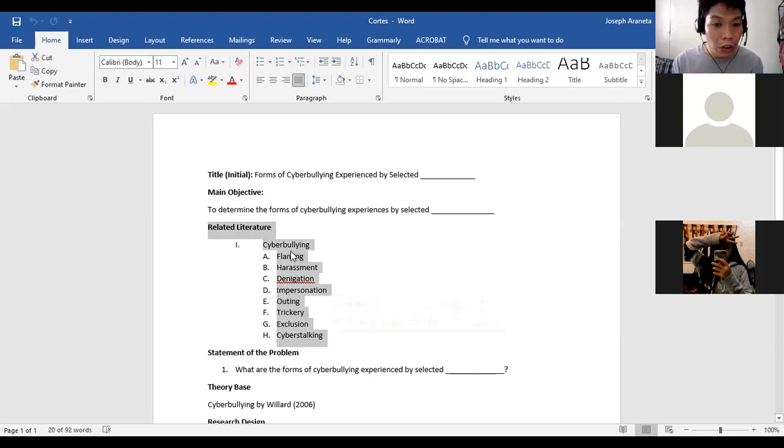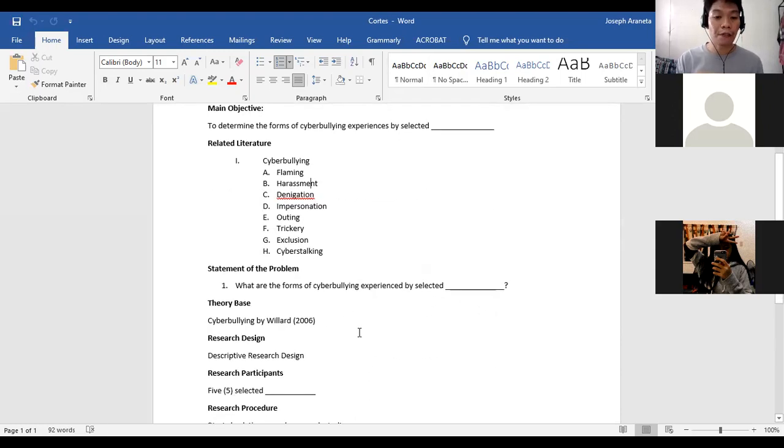First, you need to search for literature about cyberbullying. Since there is a specific theoretical framework that was finalized, according to Willard, Cyberbullying by Willard, 2006, she identified many forms of cyberbullying, which are flaming, harassment, denigration, impersonation, outing, trickery, exclusion, cyberstalking.